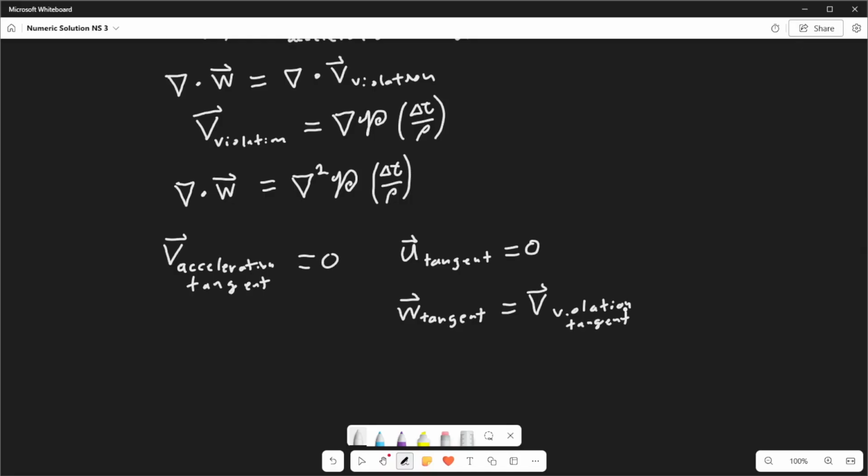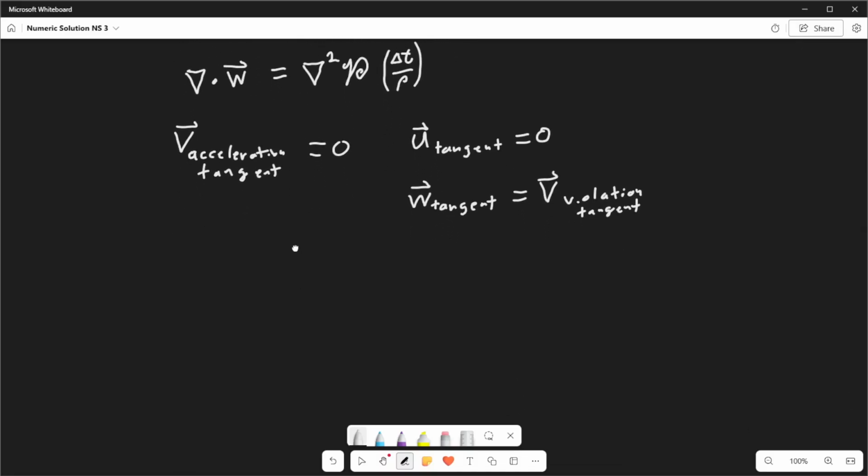Anything that is trying to go through a wall is going to have to be countered. So the only thing that can be allowed tangent to the surface is the part that's going to get cancelled out, which is the violation. Otherwise, the fluid would be trying to go through a wall.